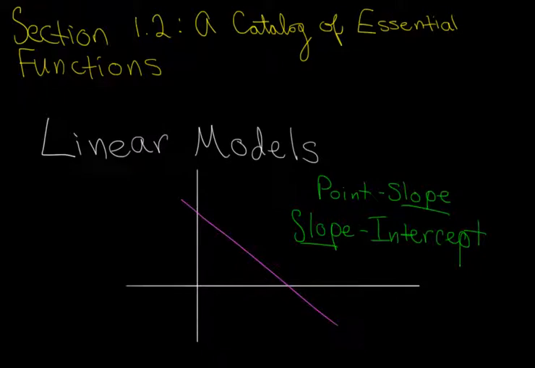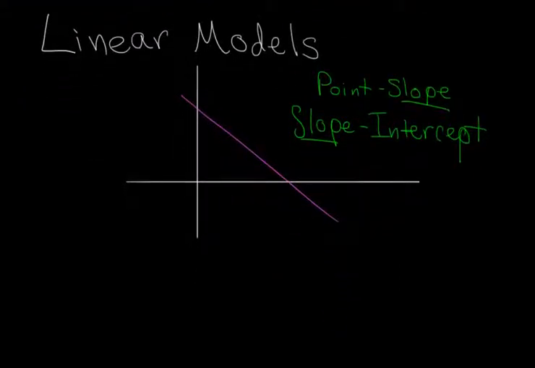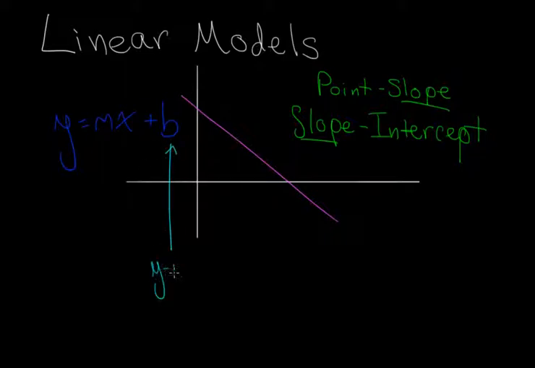So, what is the equation of a linear function? I think you all know it's really easy. Y is equal to mx plus b, where b is the y-intercept and m is the slope.